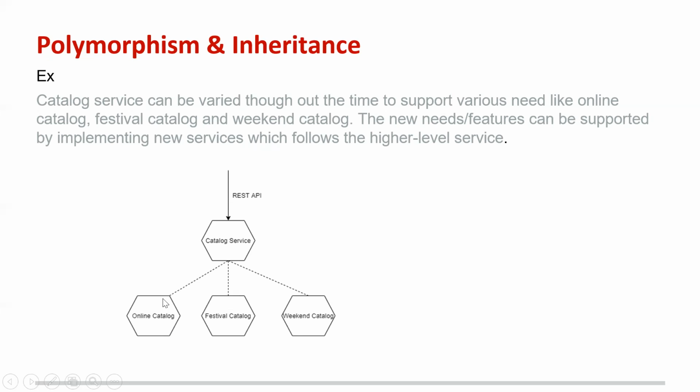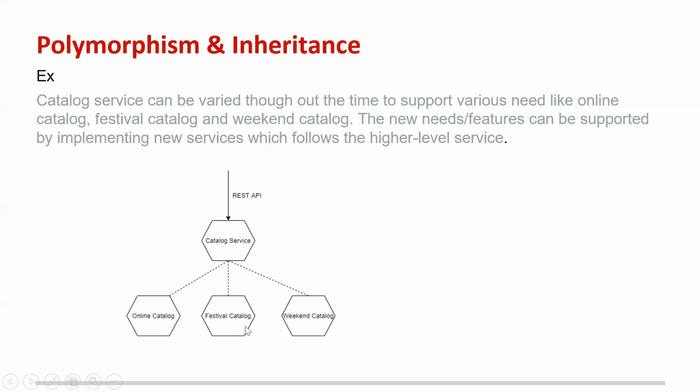So in that case, we can create these catalogs and make them follow the regular catalog service. And then inside the logic, whatever menu items you are designing for the online catalog will be useful only for the online customers.